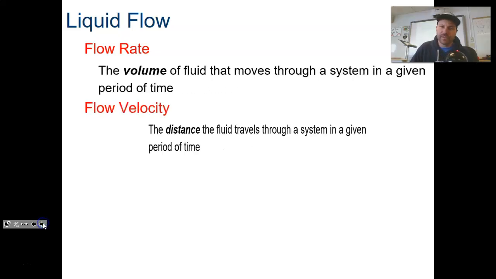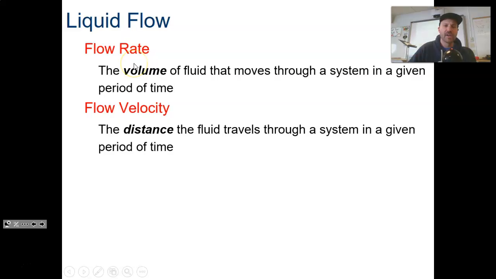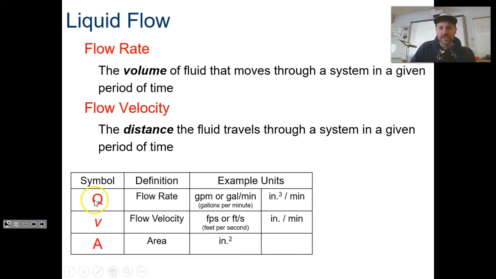Flow rate. Liquids, they have a certain amount of volume, like gallons per minute. It moves at certain velocities, that'd be like meters per second or feet per second. There are different symbols inside of an equation that we're going to use, where Q represents the flow rate, so gallons per minute, or you can convert gallons directly into cubic inches.